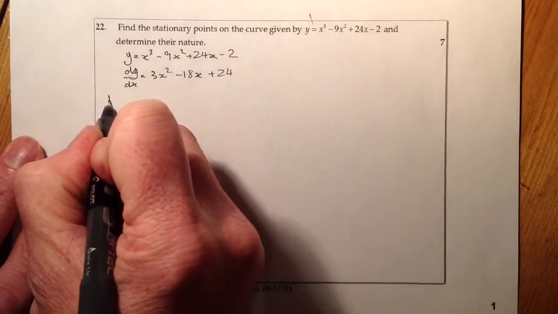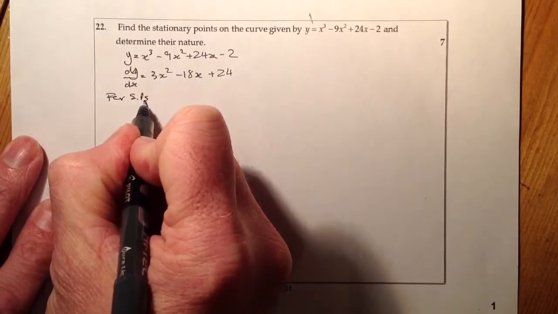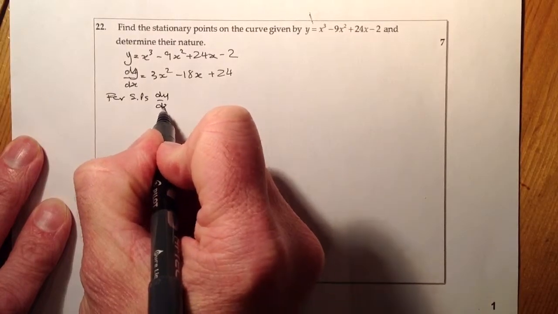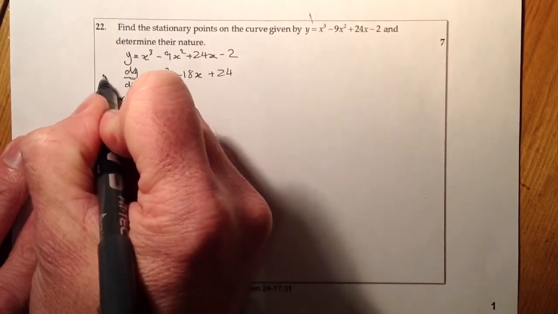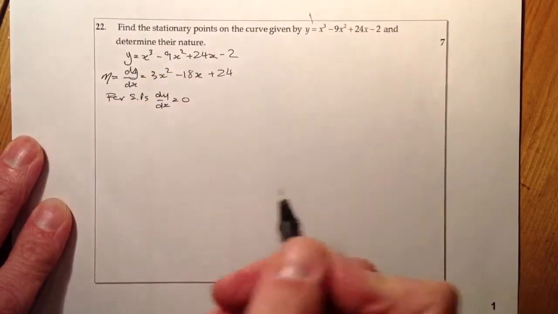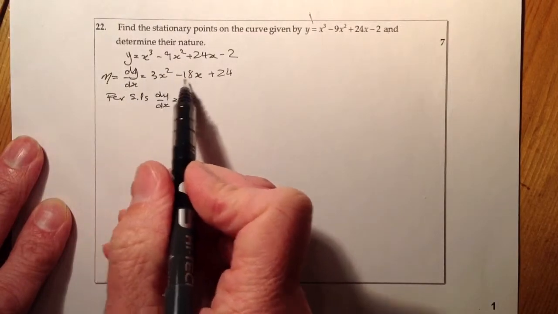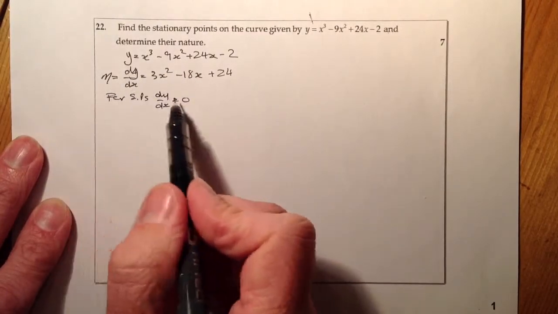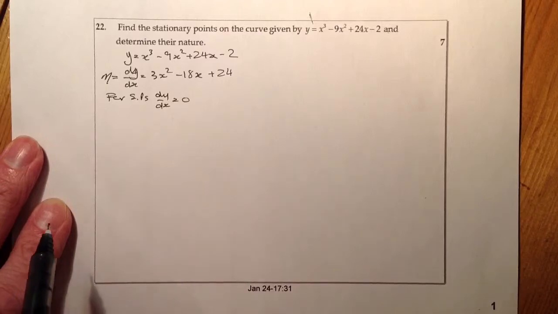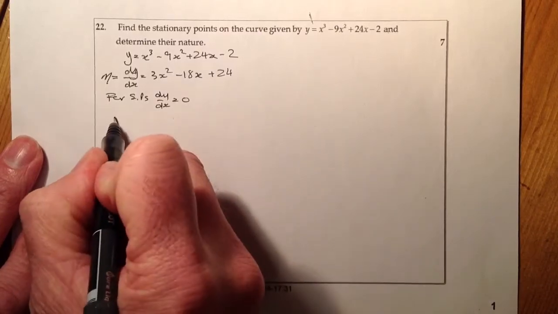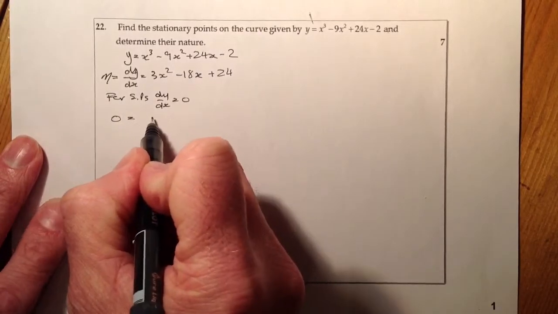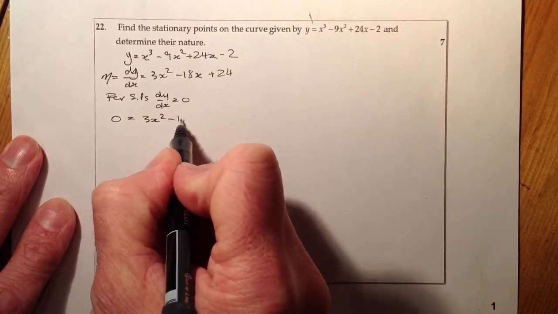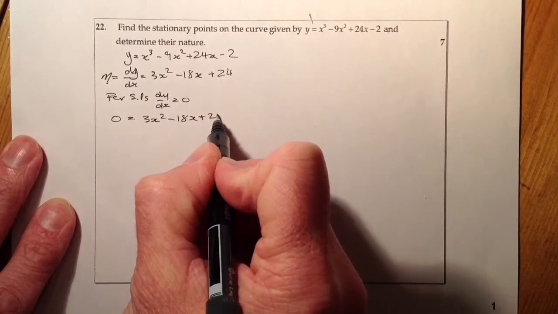Remember for stationary points, dy by dx is going to be equal to 0. And remember that there is the gradient formula, so I could work out the gradient of any point, or I can set it equal to 0 to find out the points. So we're setting that equal to 0, and I've got 3x squared minus 18x plus 24.